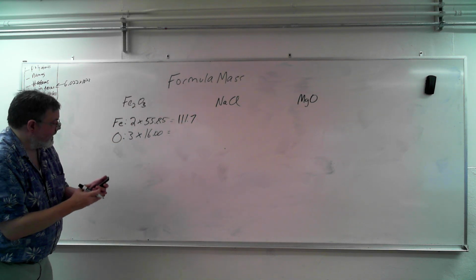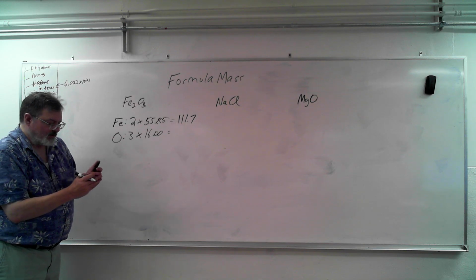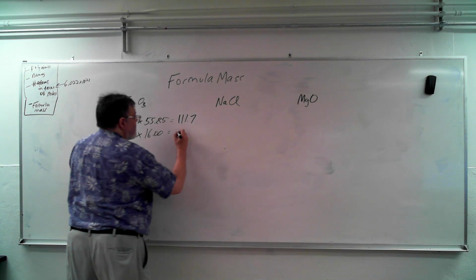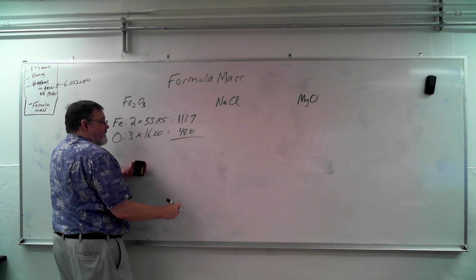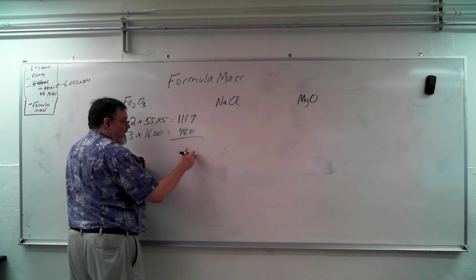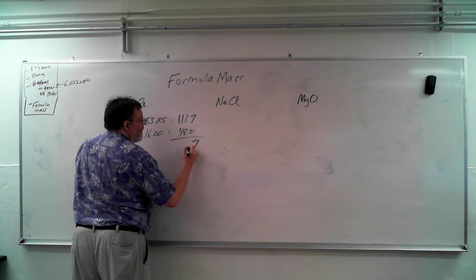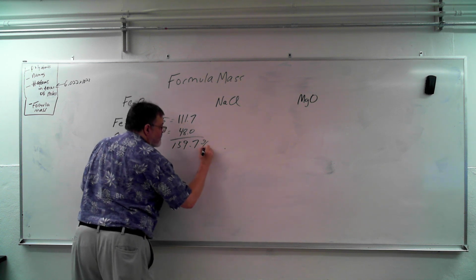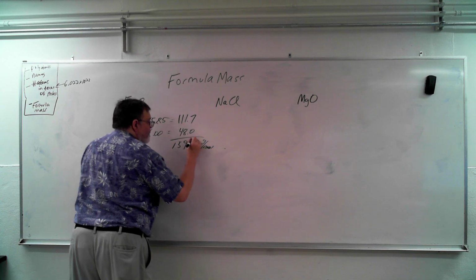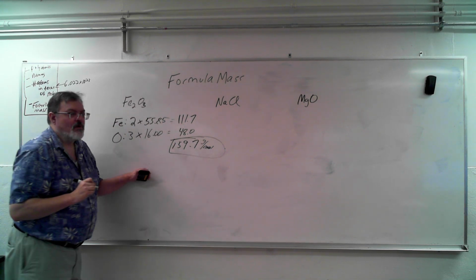That's what my calculator gave me. 3 times 16, 48.0. Now you add them up. This is addition subtraction rule. It's going to be 1 after the decimal. 159.7. And that's grams per mole, just like it was on the periodic table.